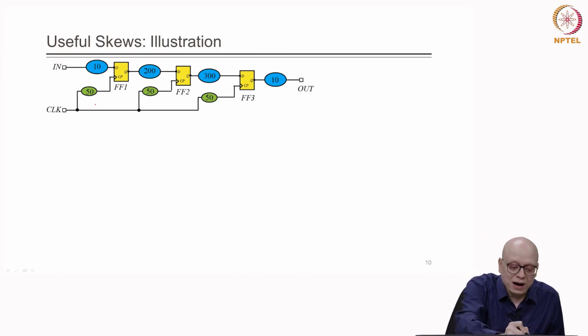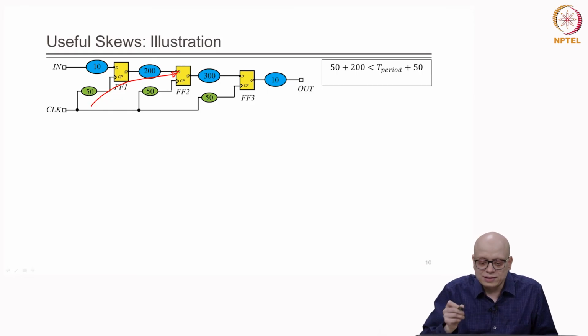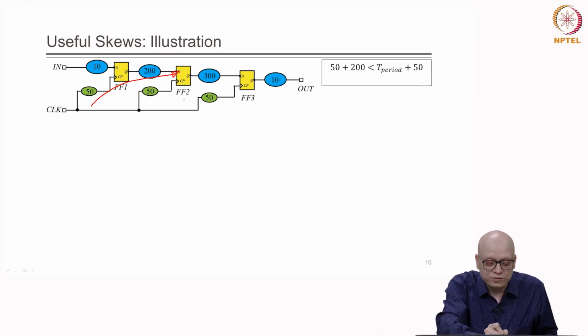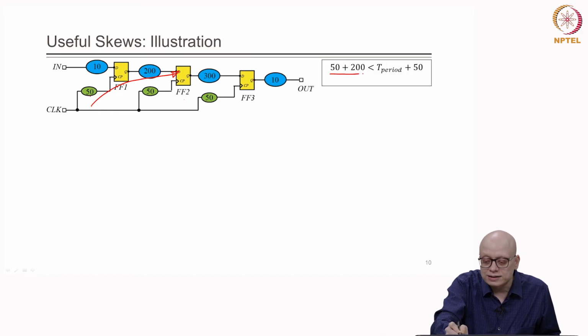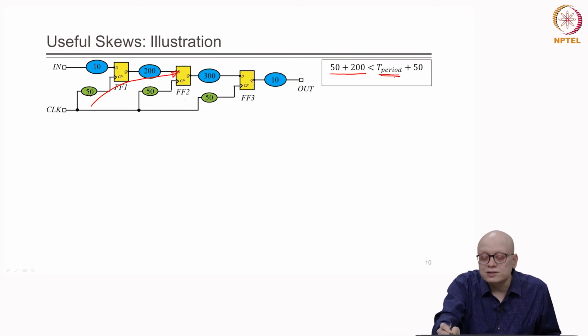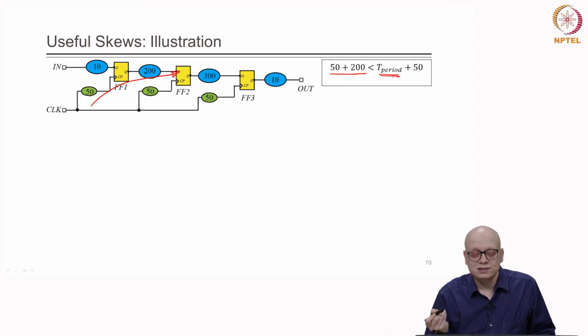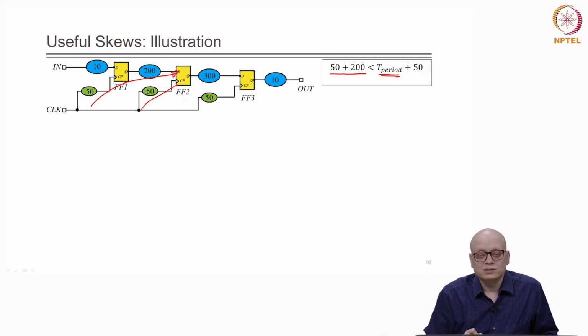So, there are two paths. First, let us consider the path in which FF2 is working as the capture flip flop, right. In this case, the arrival time will be 50 plus 200, right. And what will be the required time? We are considering setup analysis, right. So, for the setup constraint, the required time is T period plus 50, where 50 is the delay on the capture clock path, right.